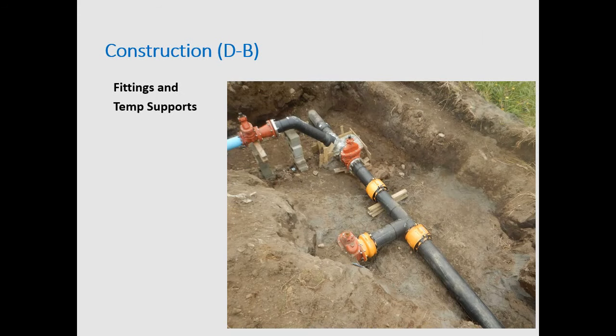Again, the original design, trying to avoid the metal fittings, they wanted to use electrofusion couplings. Through a lot of discussions with them, talking to different owners and utilities, it was accepted as a connection point.